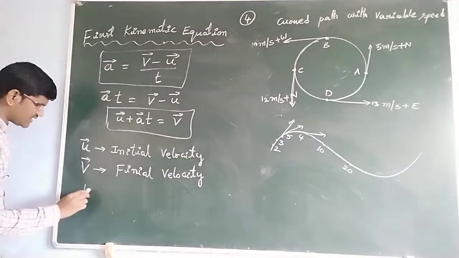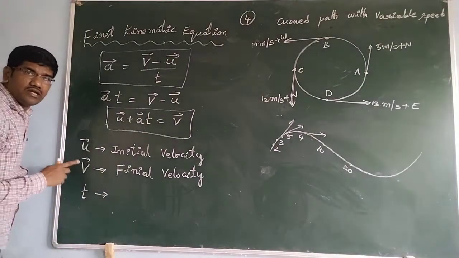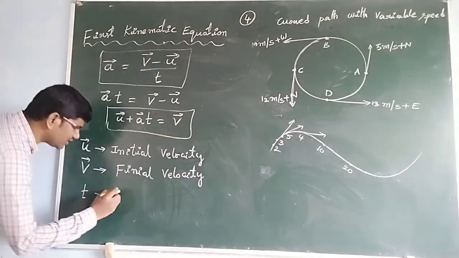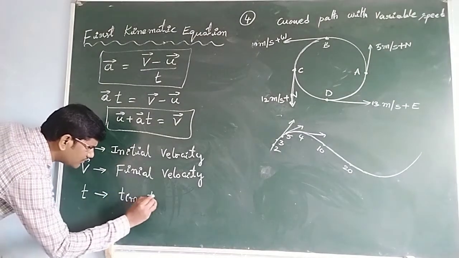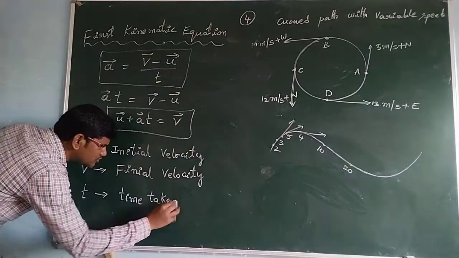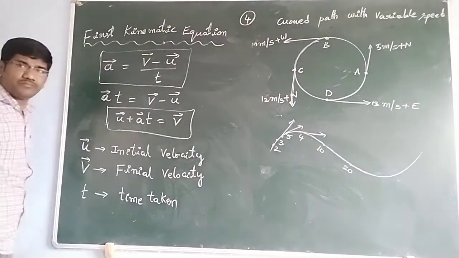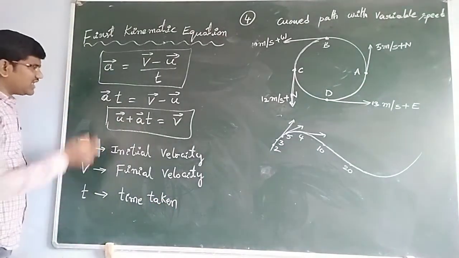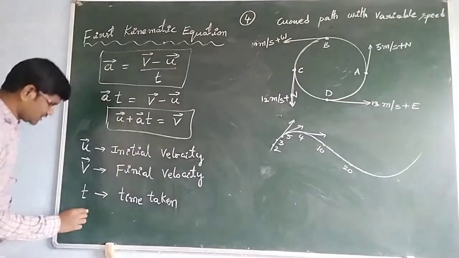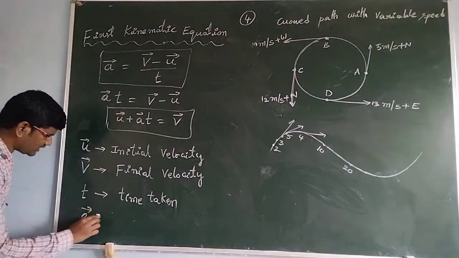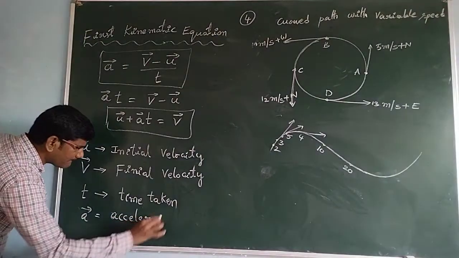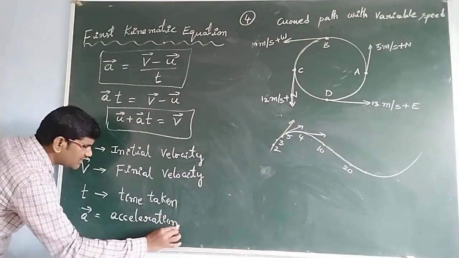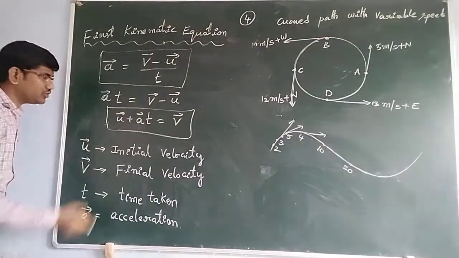And T is the time interval taken to change its velocity from U to V. T is the time taken. And you know the name of A, it's acceleration.